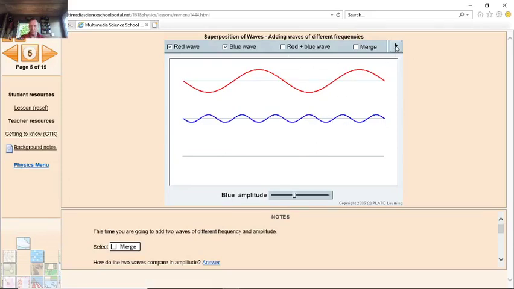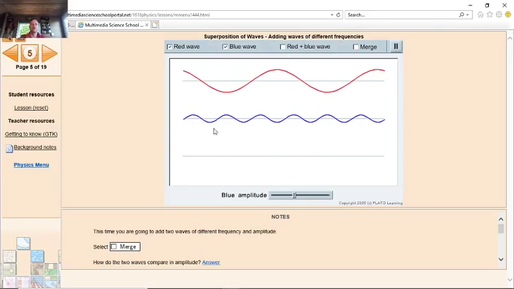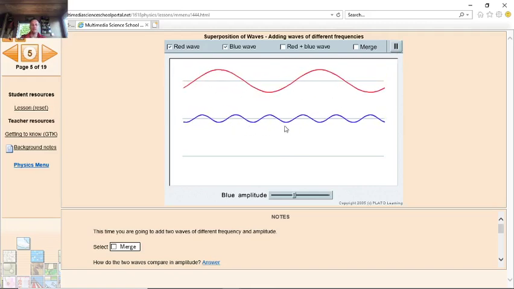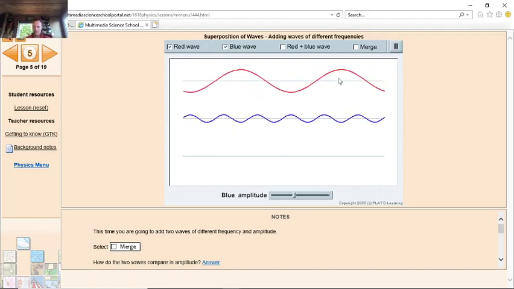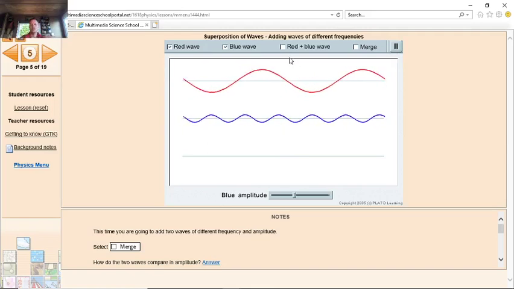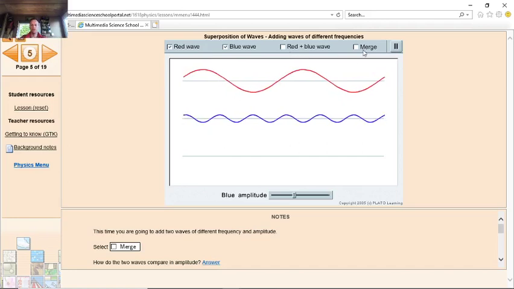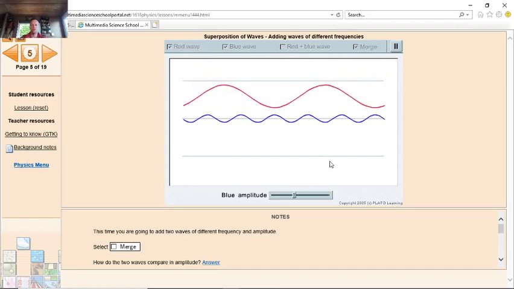Now, what I've got again is these two waves going across here. This wave is going up and down in blue, and this one is going up and down in red, but they have a completely different wavelength. I've also got different amplitudes as well, and I can merge the two waves together.